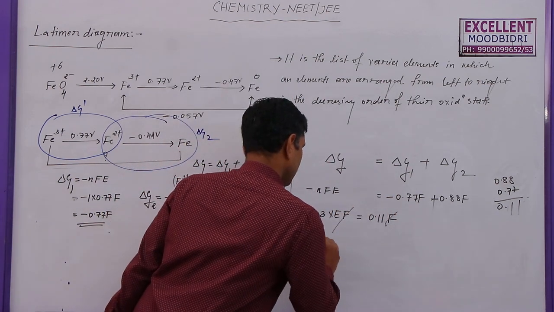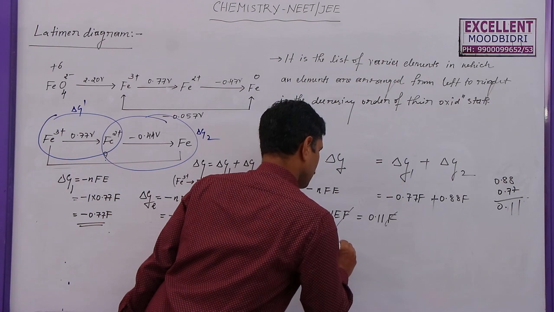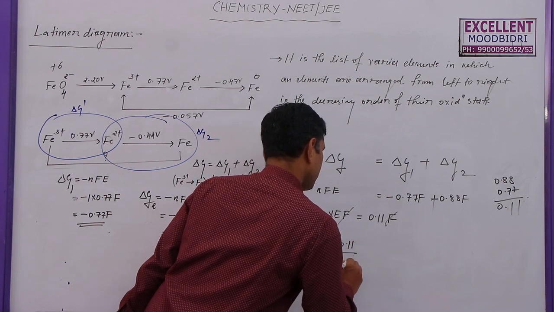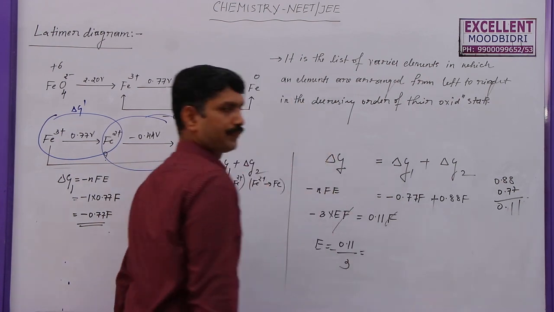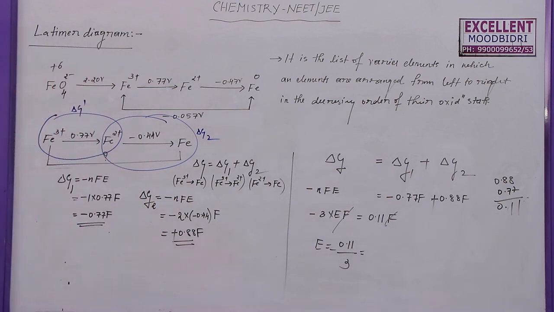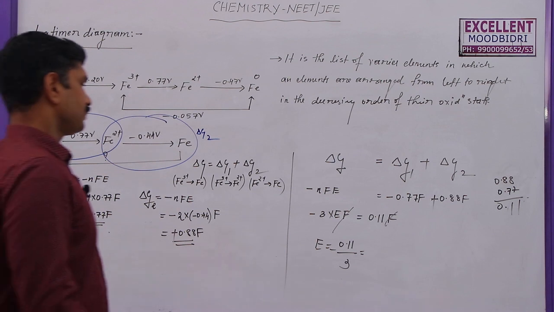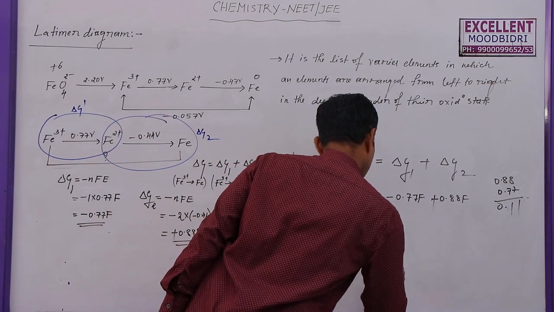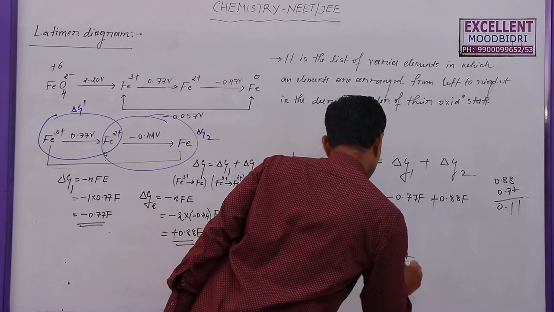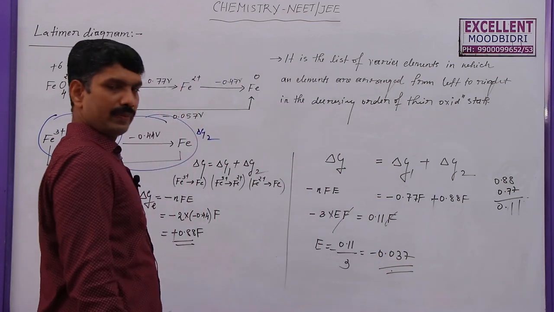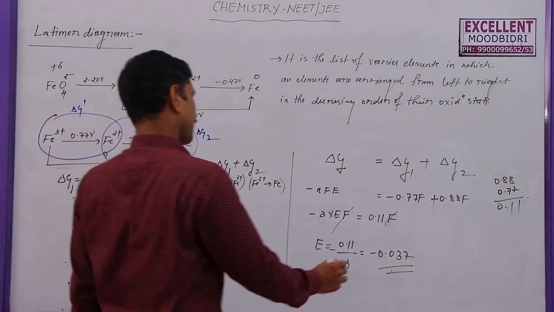So E is equal to 0.11 divided by 3, but the sign is minus. So the final answer is around minus 0.037, approximately 0.037. Okay, so this is the final answer.